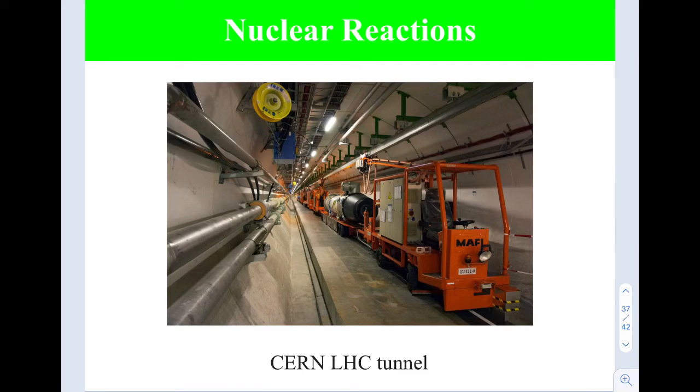So this is one of the diagrams for a nuclear reactor.